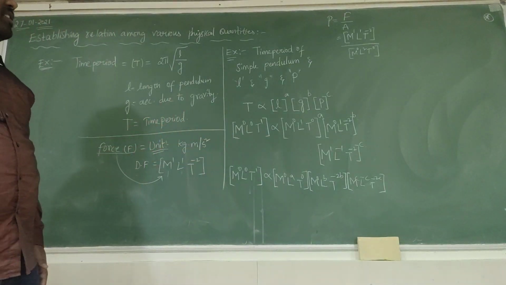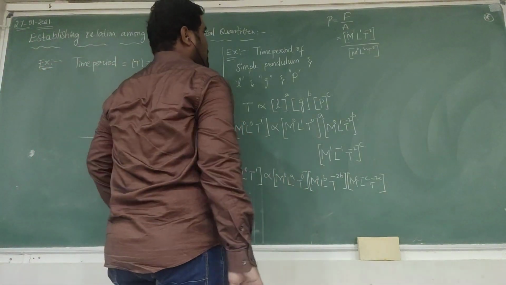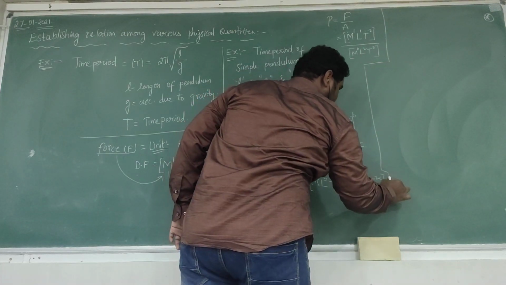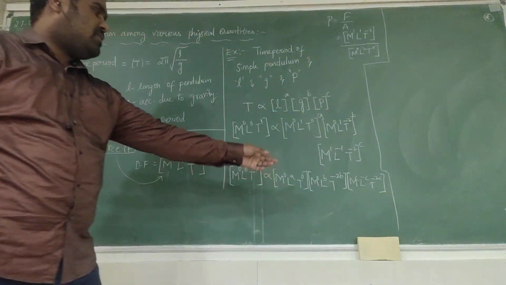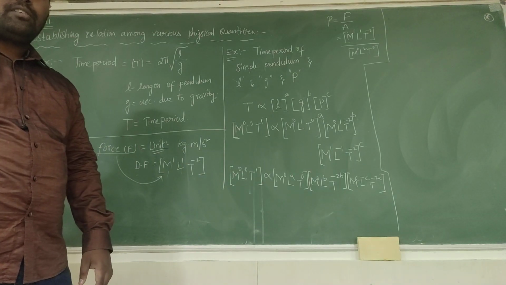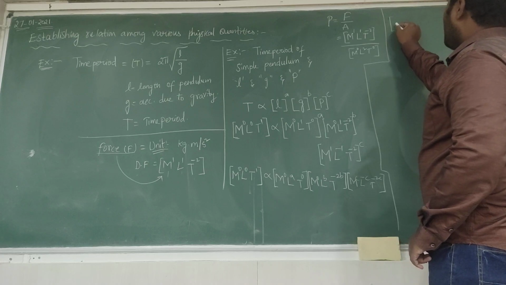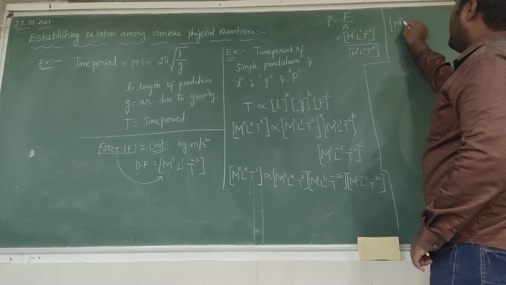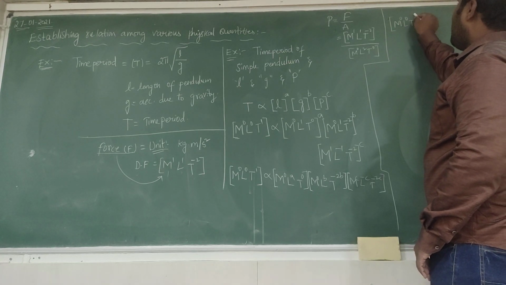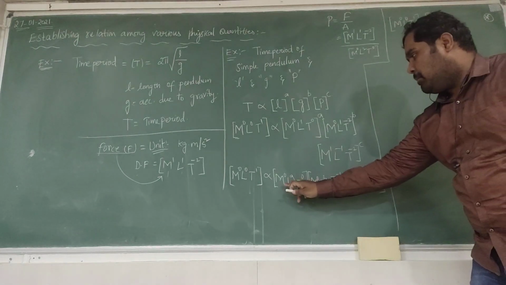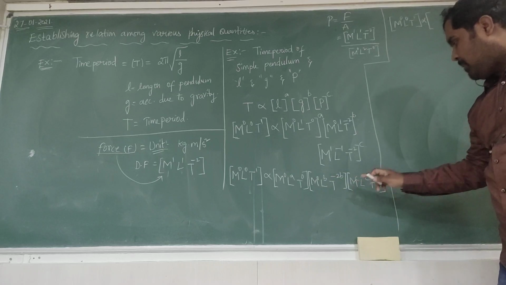Now you got all those things, right? So on the right hand side, all bases are same. You can just add powers. So you are going to get M0 L0 T1 is proportional to like this now. M power 0, M power 0, M power c.